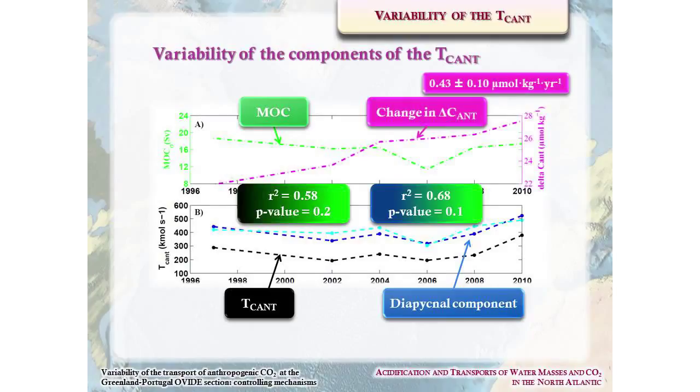However, during the period of time studied in this work, the intensity of the meridional overturning circulation is not correlated with the transport of anthropogenic CO2, and the same occurs with the diapycnal component. This also suggests that although the diapycnal circulation is related to the meridional overturning circulation, in the case of the transport of anthropogenic CO2 there is another factor acting on the variability of the diapycnal component, which is very likely the different change in the concentration of anthropogenic CO2 between the upper and lower limbs of the meridional overturning circulation.